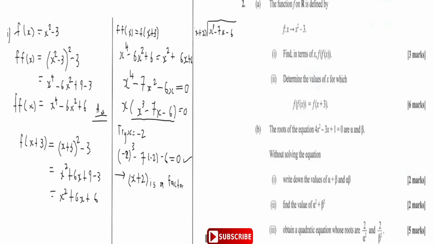So x plus 2 into x cubed: x into x cubed leaves x squared. Then x times x squared is x cubed, and x squared times 2 is 2x squared.